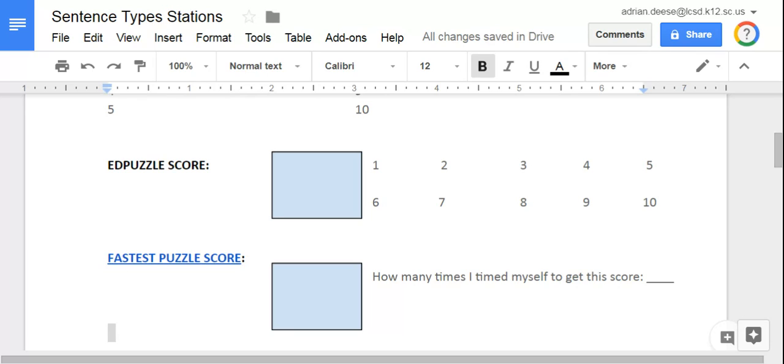Next, we're going to take a look at this passage. Number 3.